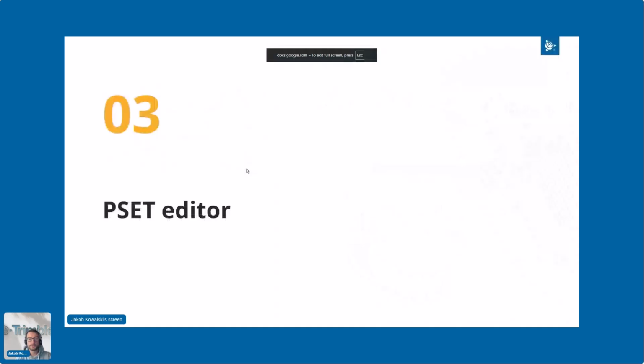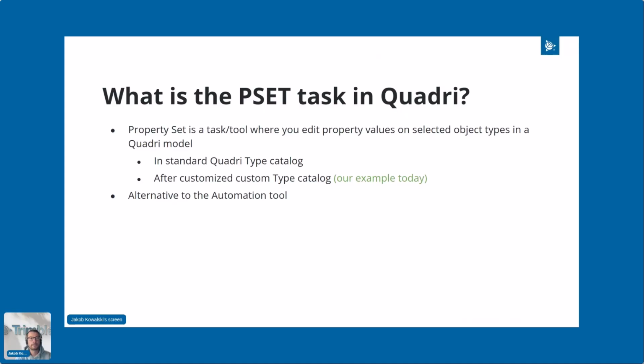So moving on, I'll now go through the pset editor, or property set editor. So what is the pset task, or property set task, in Quadri? The property set is a task or tool where you edit property values on selected object types in a Quadri model. You don't have to do it on this custom type catalog which I have created with this MMI.